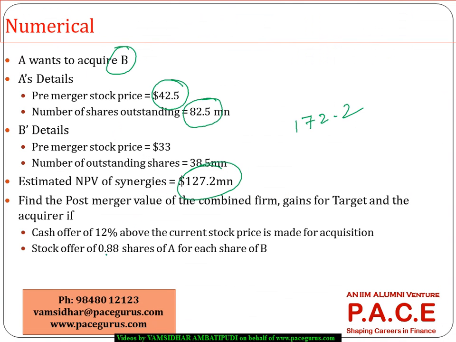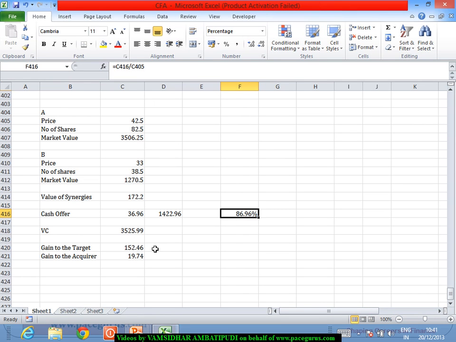A stock offer of 0.87 shares of A for each share of B means both are more or less similar. Whether I purchase it at $36.96 a share of B, or I give 0.87 shares of A for each share of B.